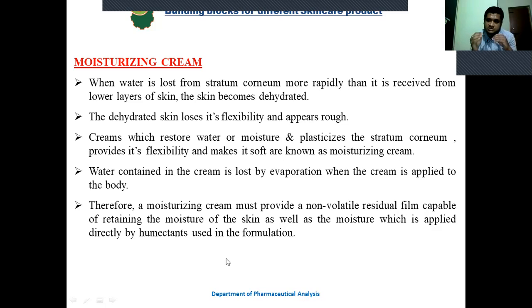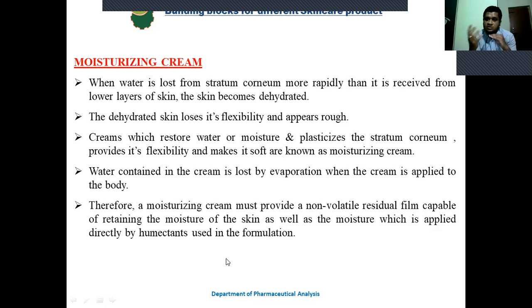Even some humectant will be present in the cream, which will provide moisture. I already said a humectant is a type of substance which will provide or retain moisture. So what is the mechanism here? Whenever you apply the cream, the water will get evaporated, and a thin oil film will be present over the stratum corneum, and the water can't cross the oily layer.